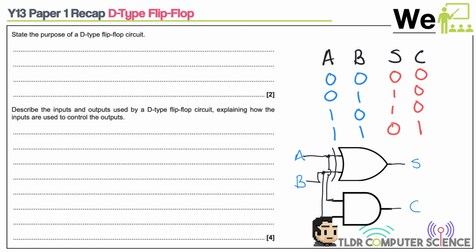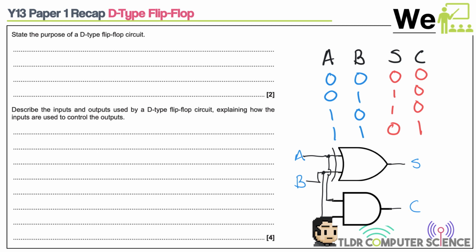Oh, sorry. So it stands for dynamic, and the way it works is that you've got a clock input, and then you've got a secondary input, which is the data coming in, whether that's 1 or 0.